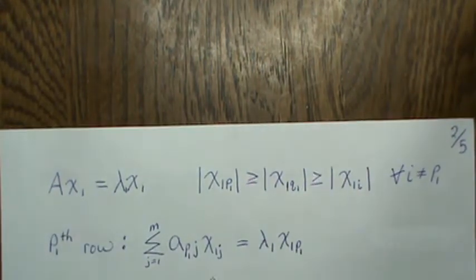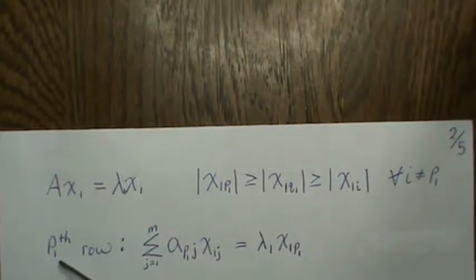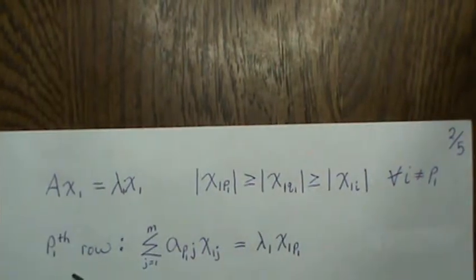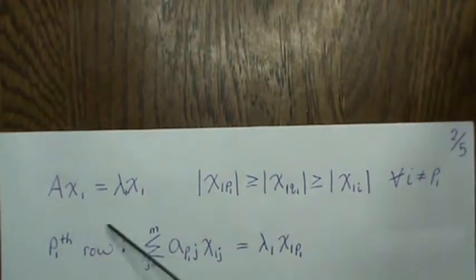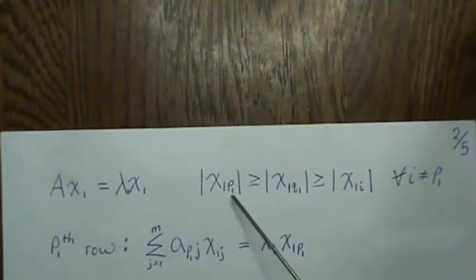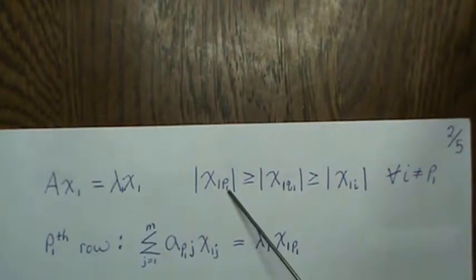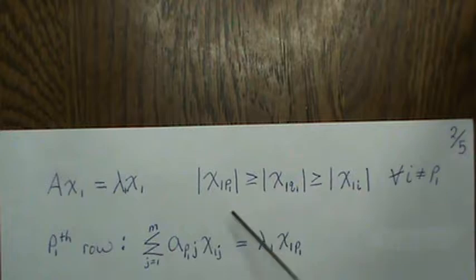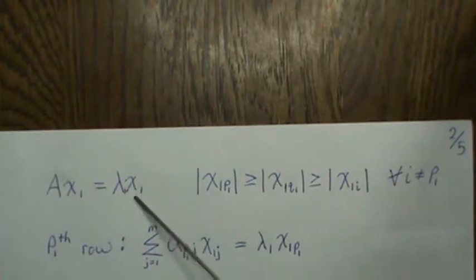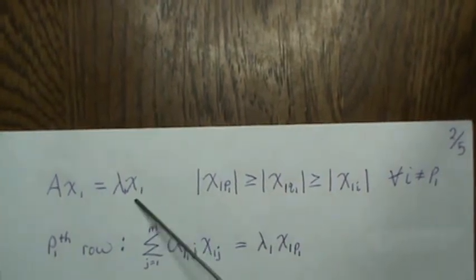So let's look at the pth row of this matrix X. Notice it's a p sub 1 and a q sub 1, because we're dealing with the first eigenvector.